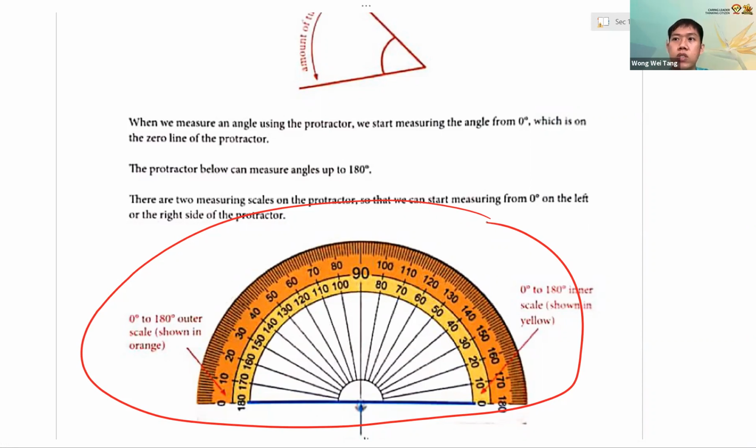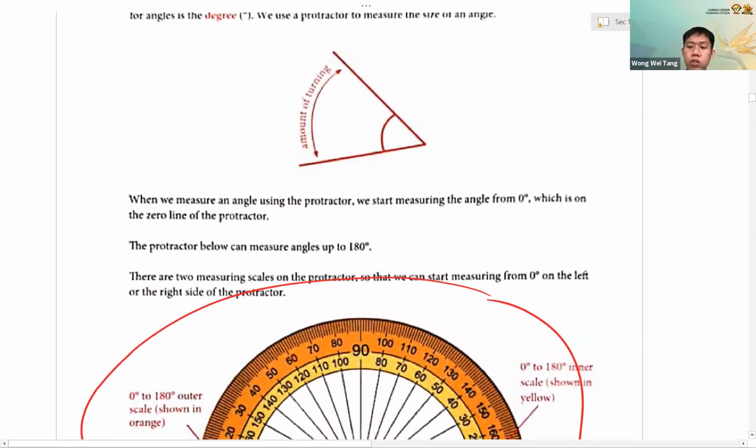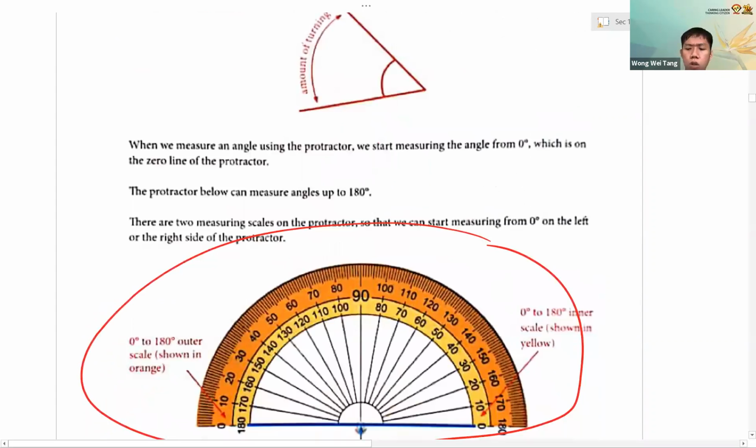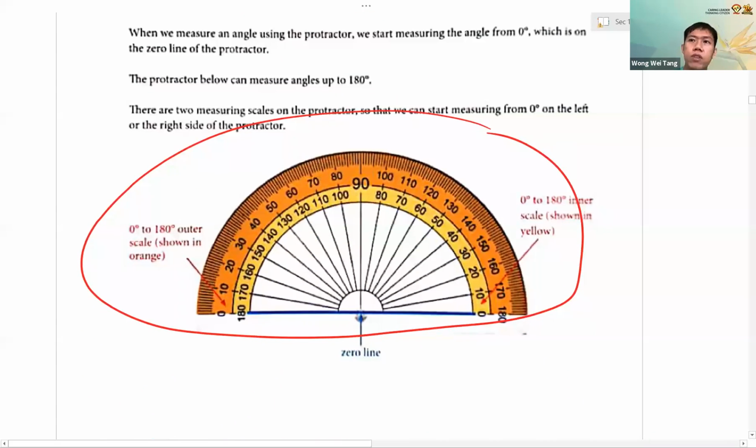Can you unmute? Have you used this before in primary school? Yes, okay. So we use this to measure angles, and we start from 0 degrees, definitely from 0. But I want you to take a close look at this protractor. How many 0 degrees can you find?